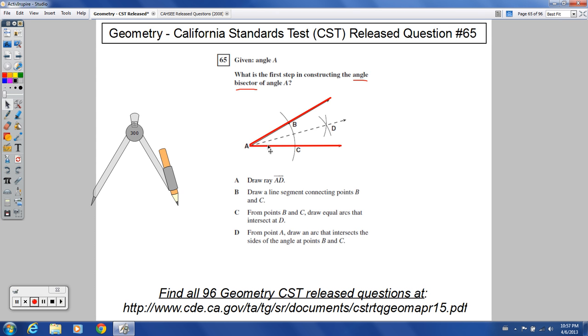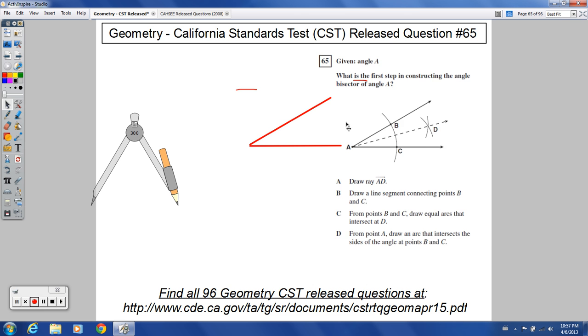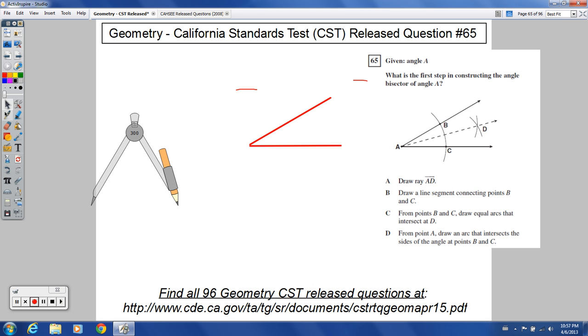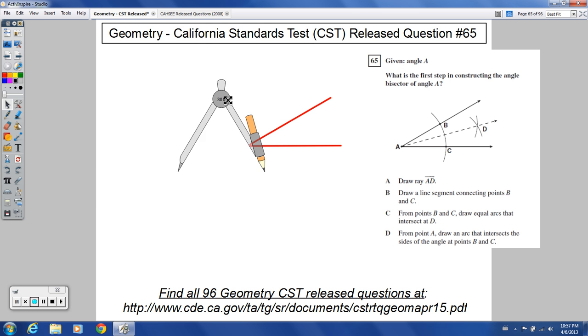I'll just move that over here, and I'll get rid of this one and this one.